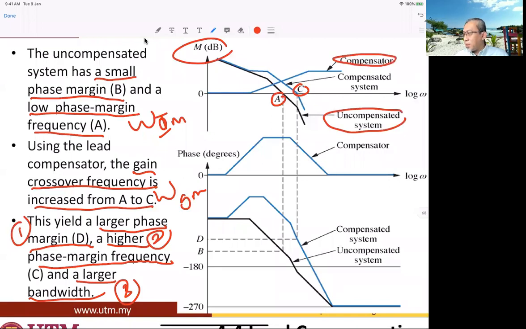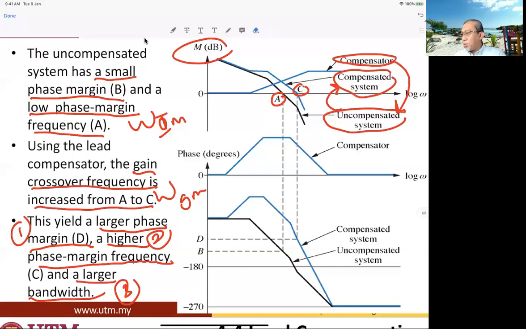The compensator compensates the uncompensated system and produces the compensated system. Uncompensated is before design, compensated system is after design. The compensator is the tool, the lead compensator, that compensates the uncompensated system to become the compensated system.